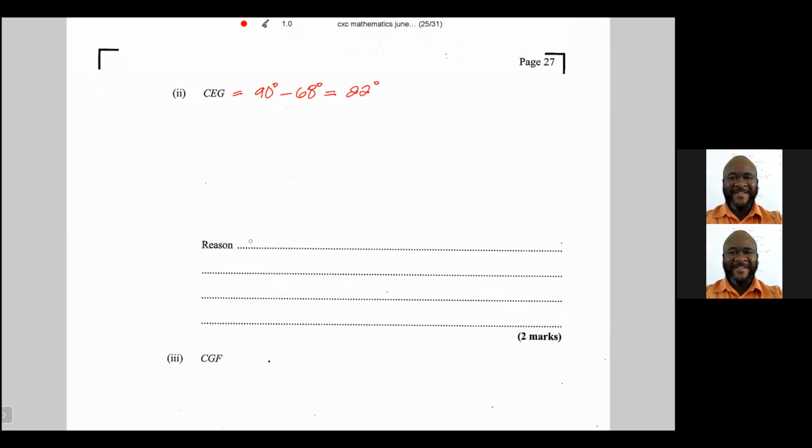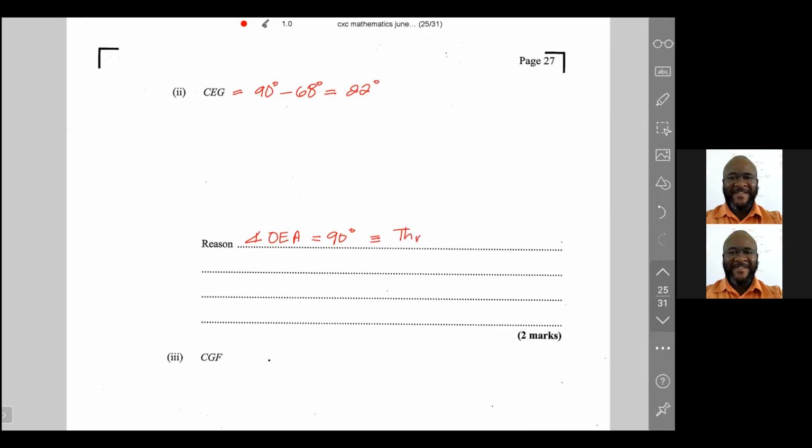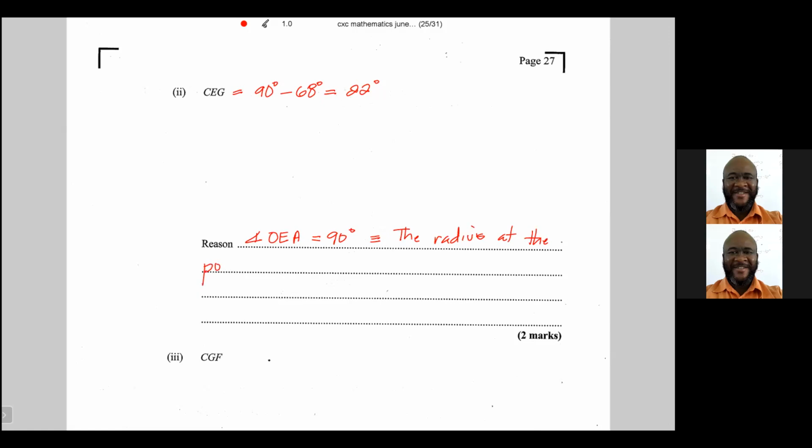And I would say the reason for this is because angle OEA is equal to 90 degrees. And this is because the radius at the point of contact.